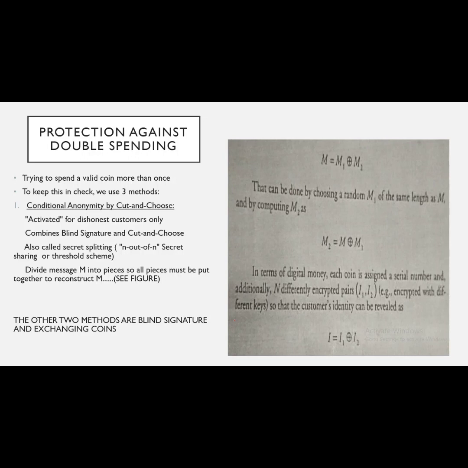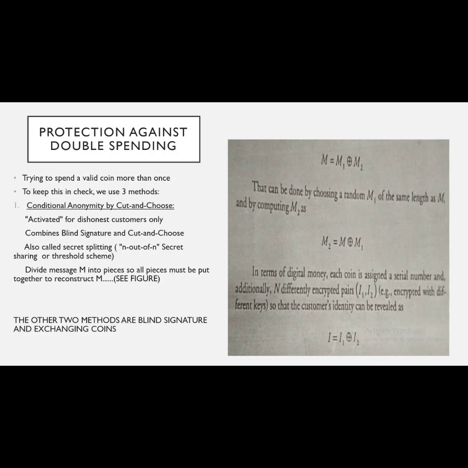The customer can choose whatever he likes, and he gives the merchant the information. So the merchant probably has both I1 and I2 in his hand, so he tries to combine both of them and get I.